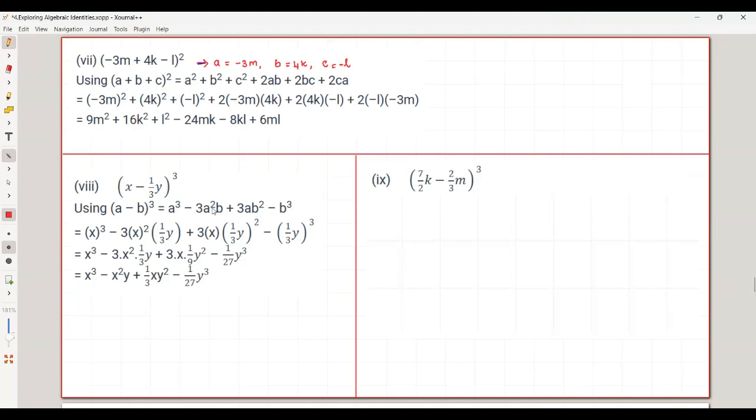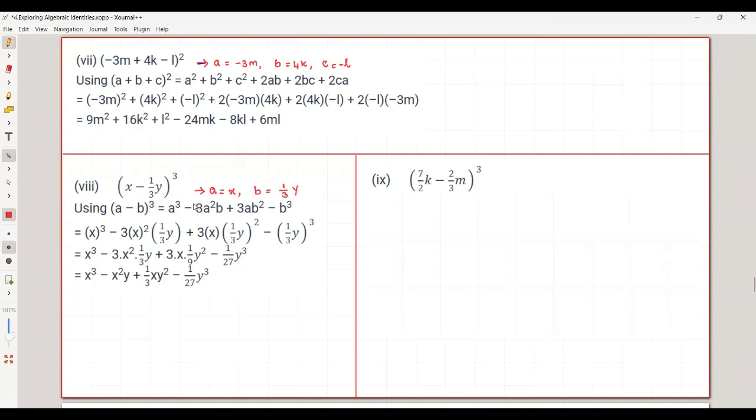The power of b increases: no b, b power 1, b power 2, b power 3. So remember the formula. Here a is equal to x and b is equal to 1 by 3 y. Minus is already in the formula.